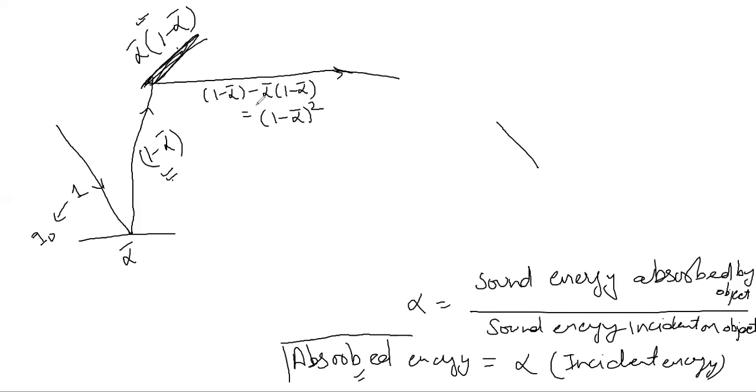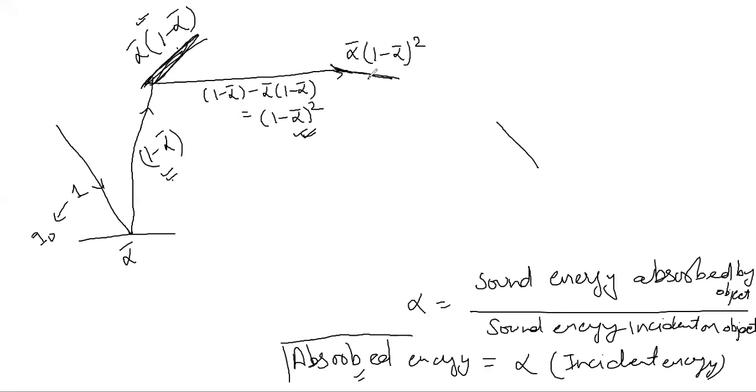Now, if you talk about the next surface, which is your third surface, on this surface this is going to act as incident intensity or energy. Out of this, alpha times incident energy is going to be absorbed. So the energy that will be absorbed by this surface is going to be alpha bar multiplied by the incident intensity, which is 1 minus alpha bar whole square.